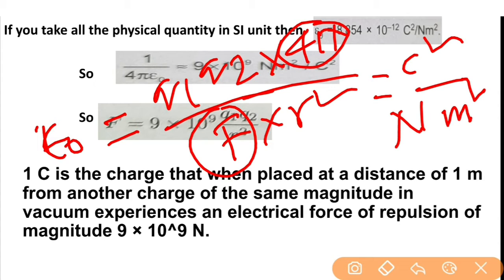So the unit is coulomb square by Newton into meter square. So from Coulomb's mathematical form we can get the unit of the proportional constant K, the unit of epsilon 0, that is the permittivity of the medium, and we can also get the definition of 1 coulomb charge.